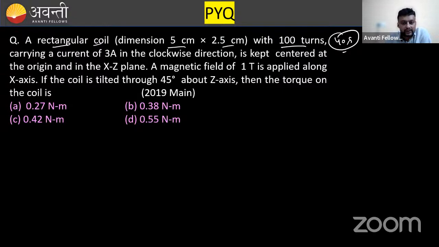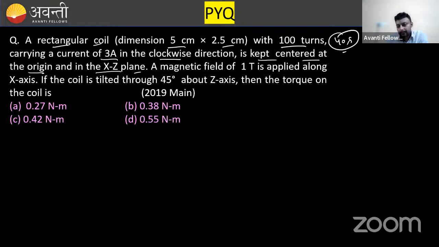Very good. So you can attempt the question. Now, what the question says: a rectangular coil carrying a current of 3 ampere in the clockwise direction is kept centered at the origin and in the XZ plane.